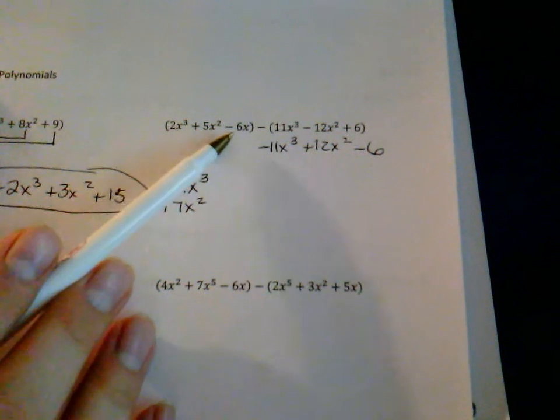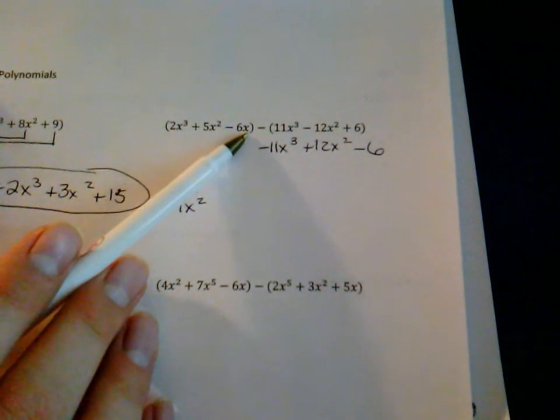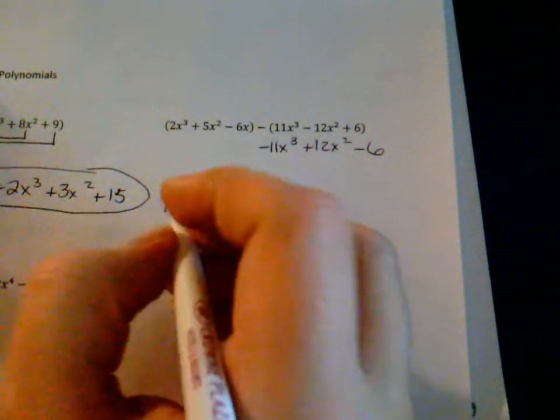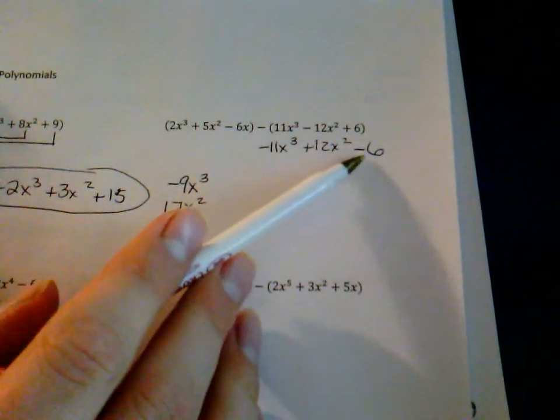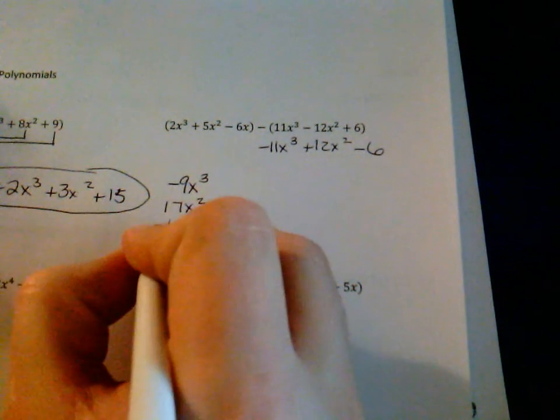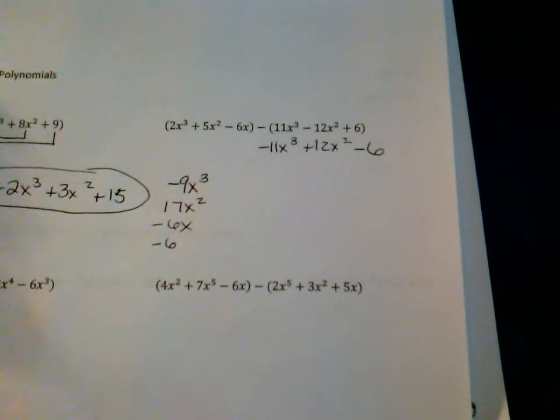Finally, you have negative 6x. Is there any just single x's? Nope. So I'm just going to have negative 6x. And finally, I have no regular numbers, so it's just minus 6.